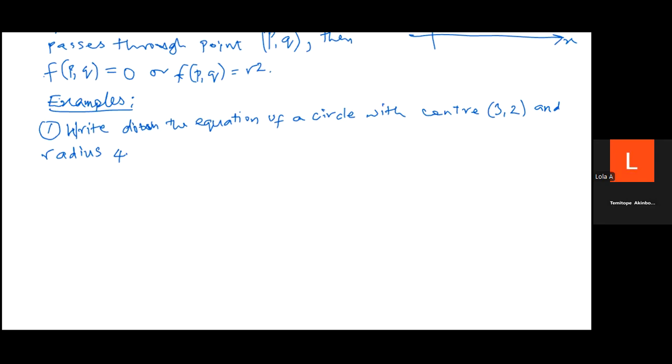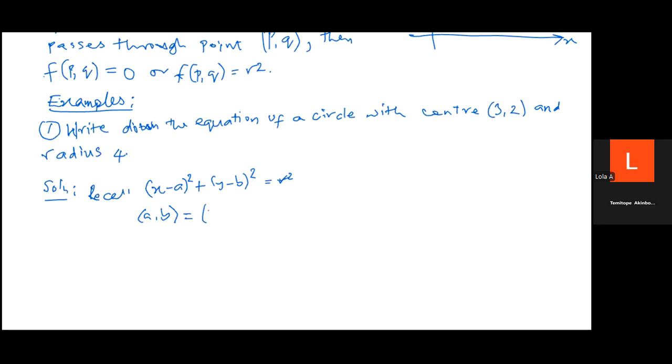Yes, finish copying the question down, sir. Okay. So solution. You recall the equation of the circle: (x minus a) squared plus (y minus b) squared equals r squared. Don't forget that a, b is the center, and we have been given the center to be 3, 2.